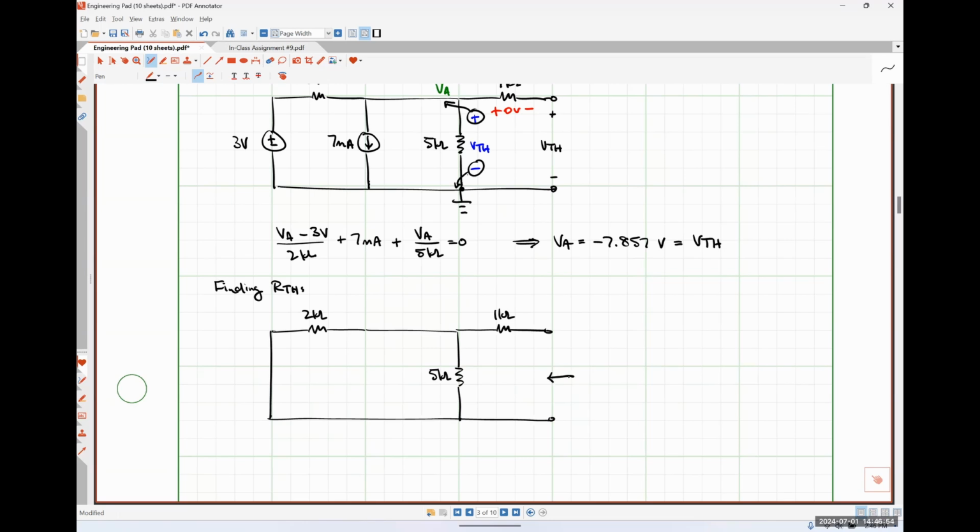And so we're looking in here and trying to find RTH. So what do we see looking into those open circuited terminals on the right? 1 kiloohm plus the parallel of 5 and 2. Exactly right.